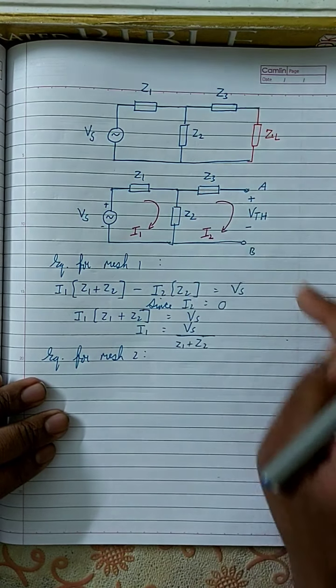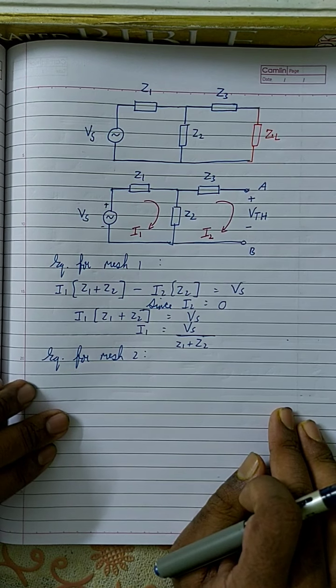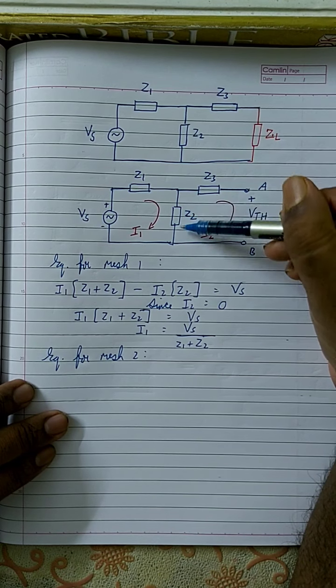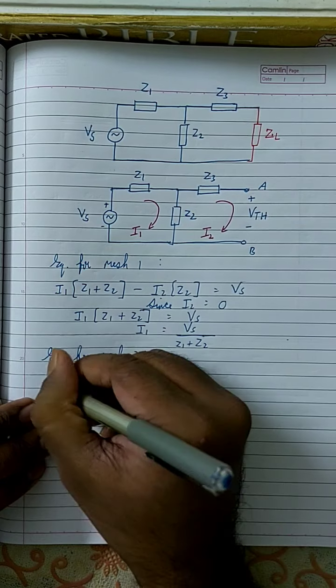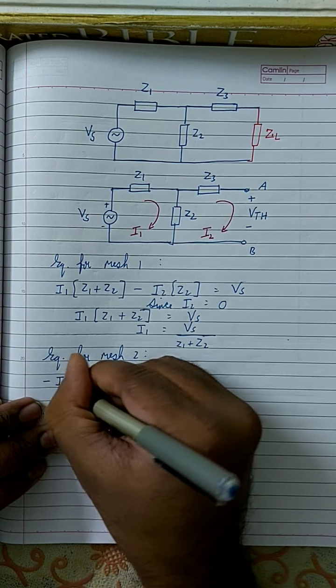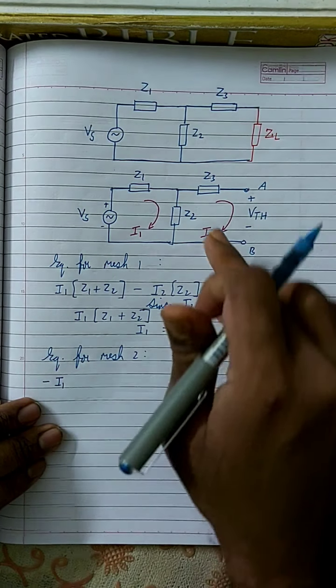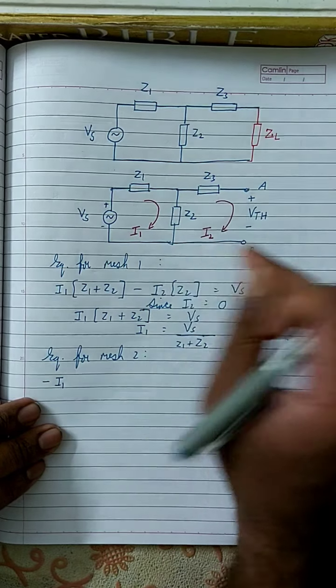So how do I write the equation for mesh 2? Here I1 and I2 are flowing. Let me write the equation. It is minus I1, since this is mesh 2, I2 is considered positive and I1 is considered negative.